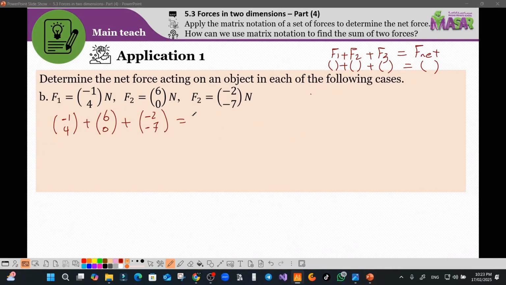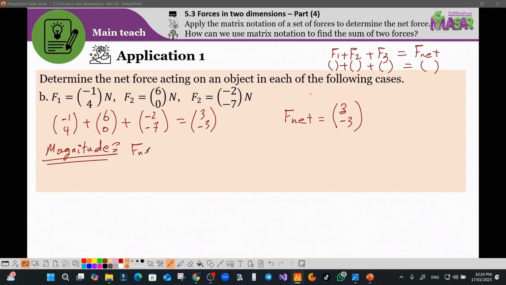Now the Fnet that we will find is (3, -3). Remember, this is just the matrix notation of the Fnet. Now we need to find the magnitude, and this can be found using the Pythagorean sum.